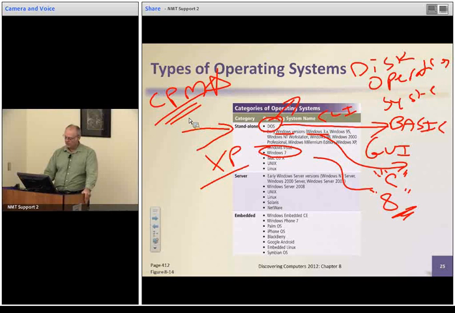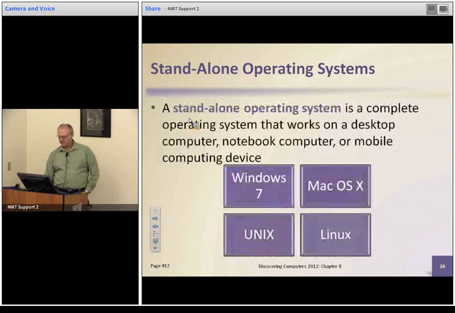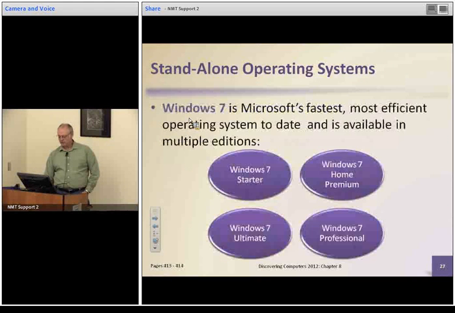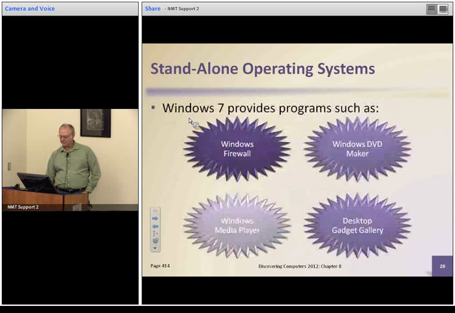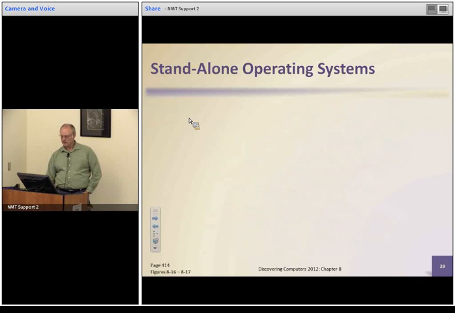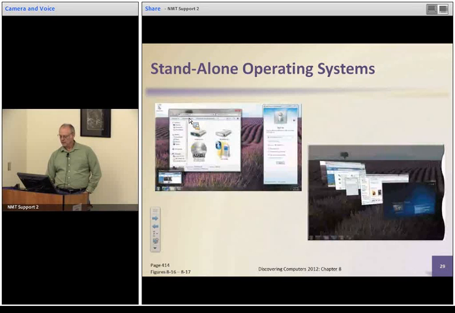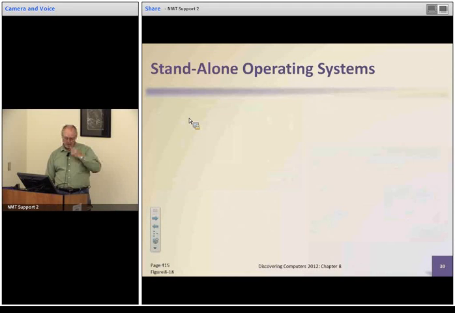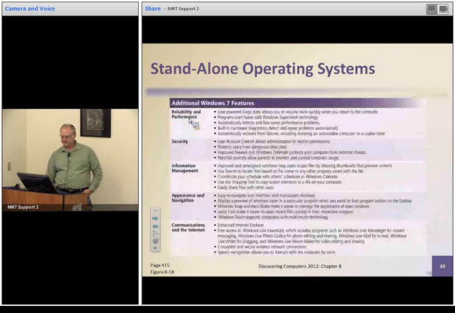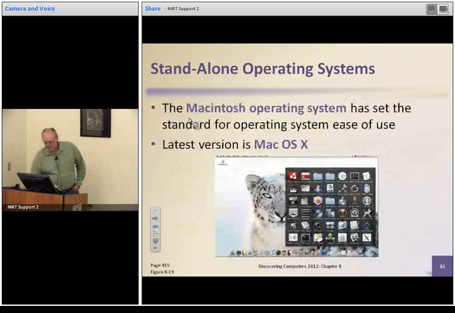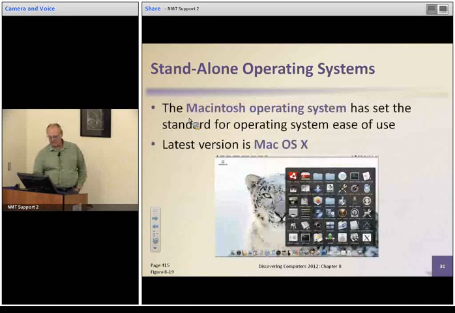The Mac OS, and let's take a look at this. Forgot I had some slides in here. I'm not going to go through all these different versions of Windows 7. The Mac operating system, this is Snow Leopard.